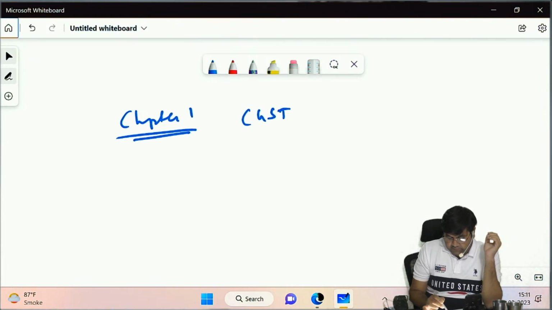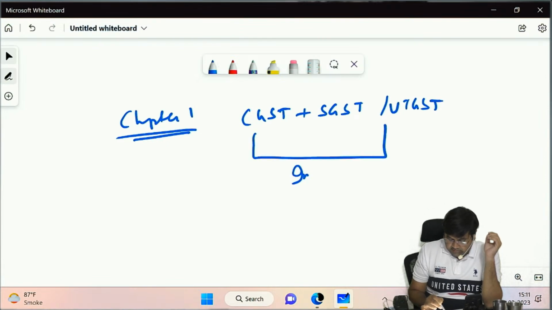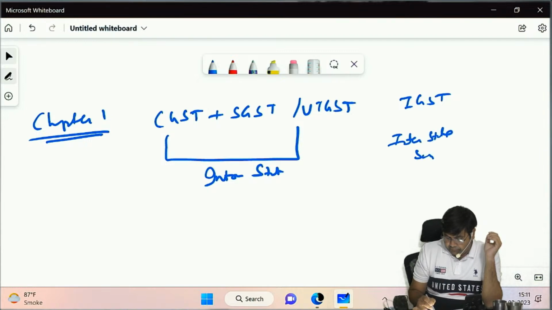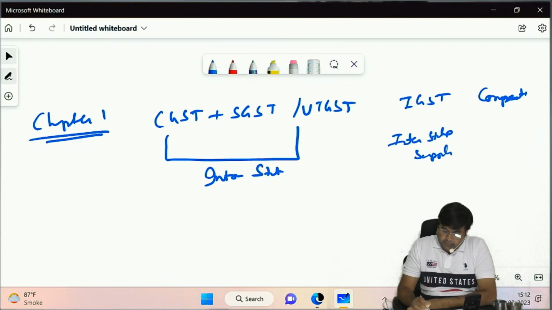CGST plus SGST or UTGST in case of intrastate supply, IGST in case of interstate supply, and there is also compensation cess, which is going to be applicable in case of luxury items.